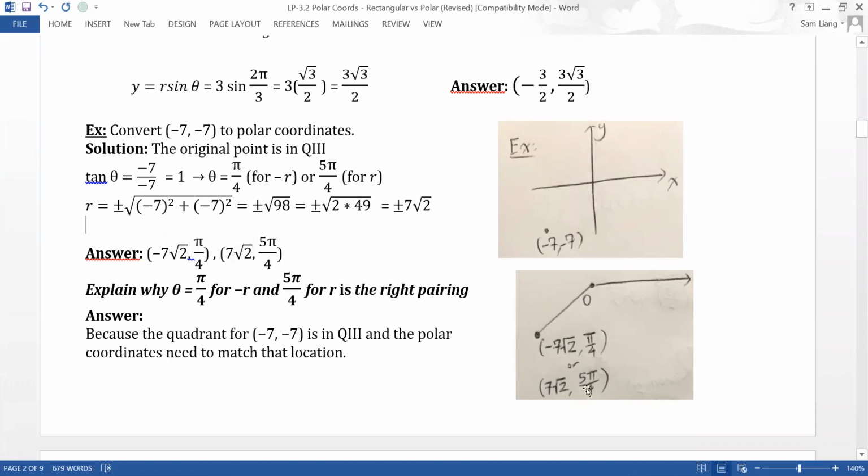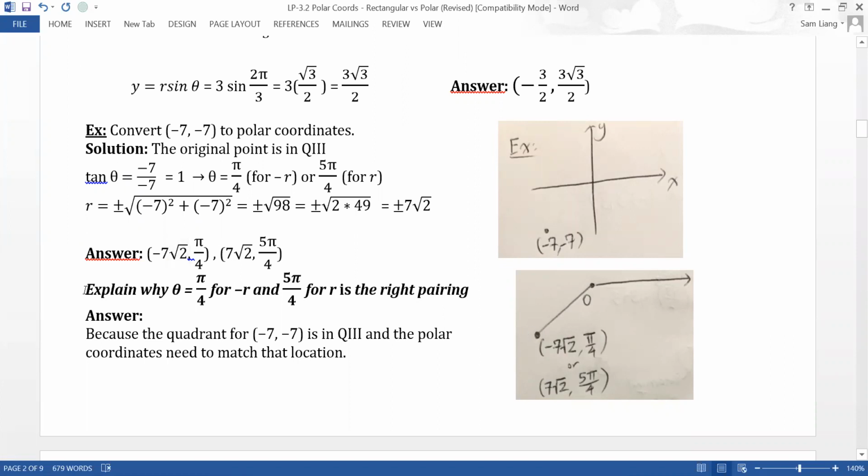As you see in my graph here, if you have 7 root 2, then you have to rotate to get to the third quadrant, to get to this original location, you have to get to 5 pi over 4. That's how much you have to rotate by. Okay, so it's 7 root 2, 5 pi over 4. If you had the negative r value, negative 7 root 2, you would start on the left and then rotate counterclockwise pi over 4, that's 45 degrees. That's quadrant 3. Okay, so that's why this is the pairing.